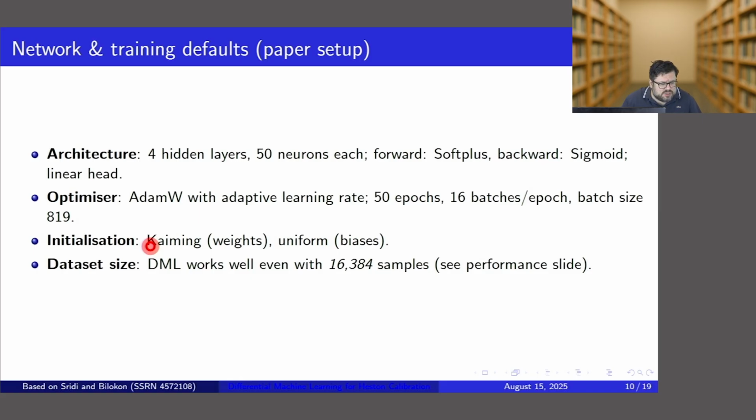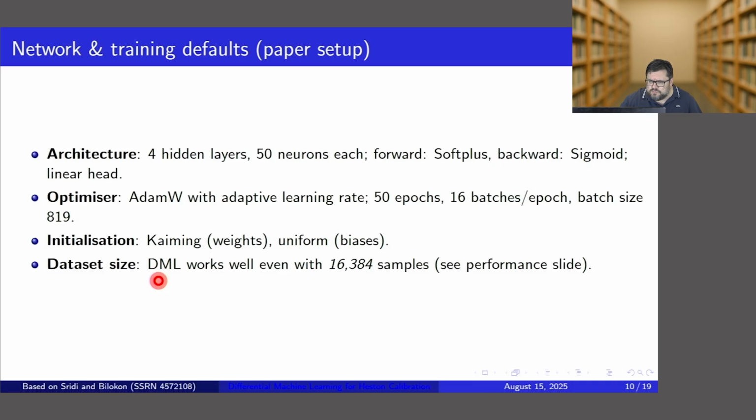In terms of data set size, differential ML performs strongly even for modest data sets. We found that DML works well with as few as 16,384 samples, a much smaller requirement than classical DL baselines to reach comparable generalization. We tune these against validation MSE and gradient MSE. We monitor both.